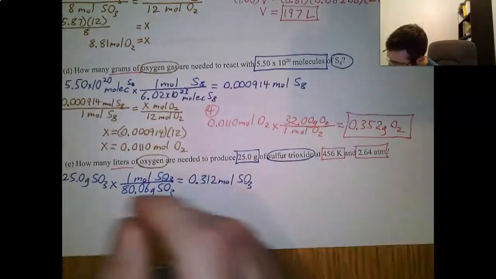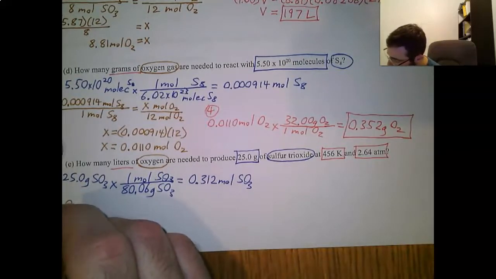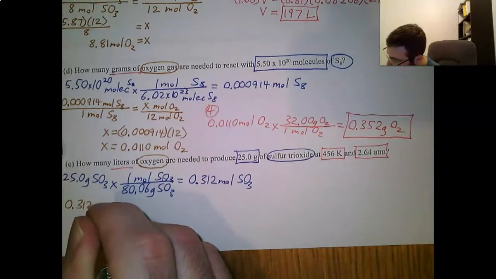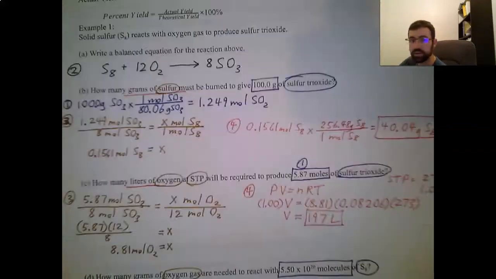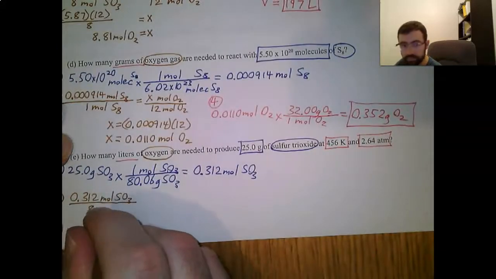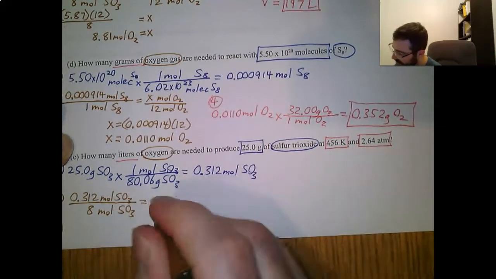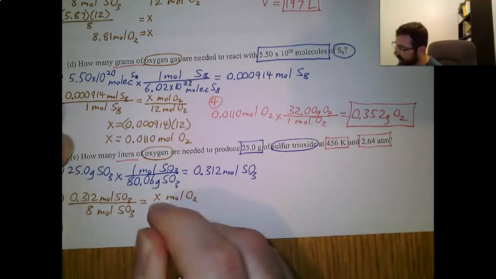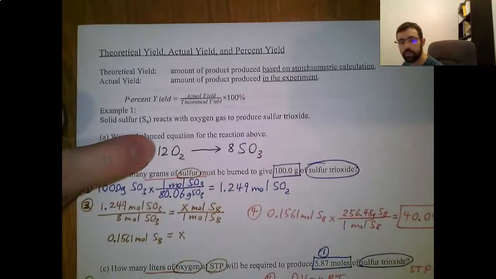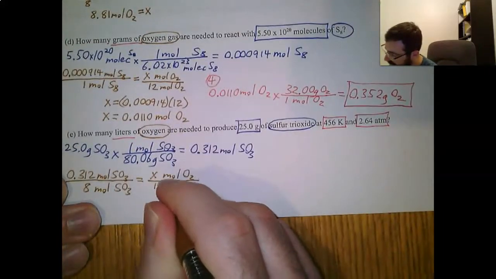So in step 3, we're going to set up a ratio or a proportion with 0.312 moles of SO3 on top. And then on the bottom, whatever the coefficient of SO3 is, which in this case is 8. And then I'm looking for oxygen, so I'm going to put X moles of O2. O2 had a coefficient of 12, 12 moles of O2.